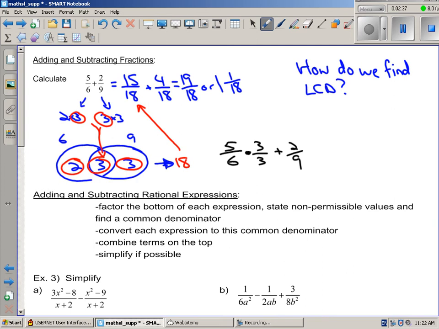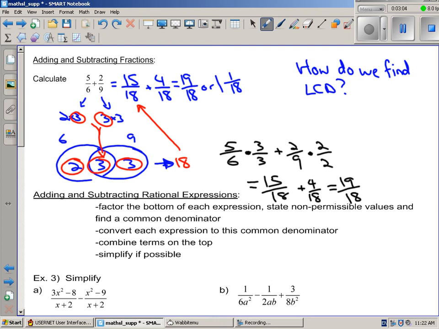All I'm allowed to do is change what the denominator is and what it looks like. 2/9, again, I need a denominator of 18. So that means multiplying by 2, because 2 times 9 makes 18. And since I do it on the bottom, I do it on the top as well. That's how we got to 15 over 18 plus 4 over 18 gives us 19 over 18.